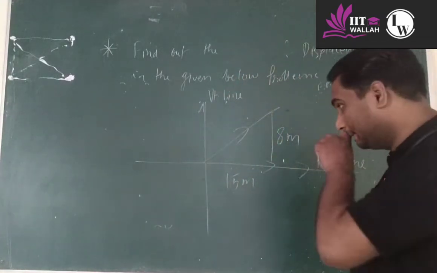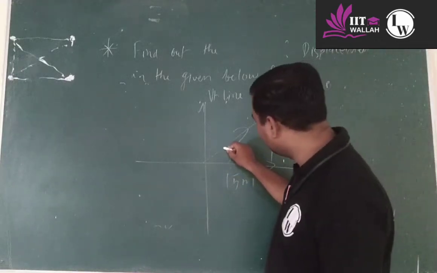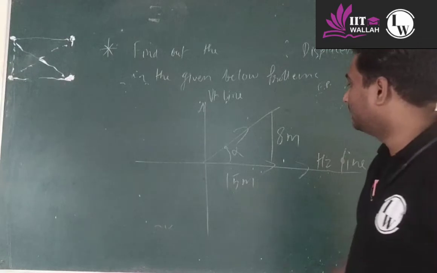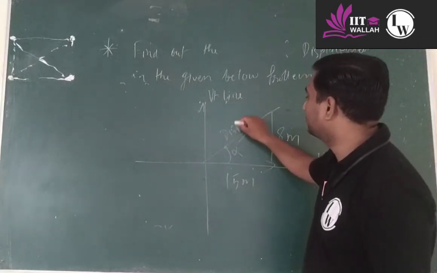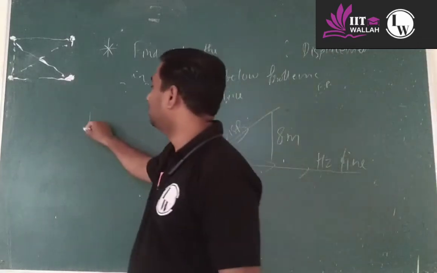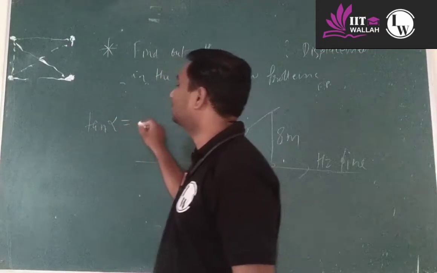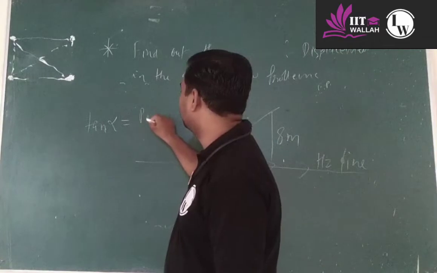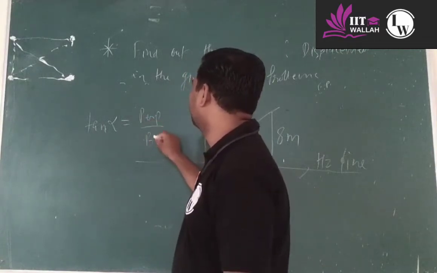Now suppose that this angle from the horizontal is alpha. So you can calculate tan alpha is equal to perpendicular upon base.